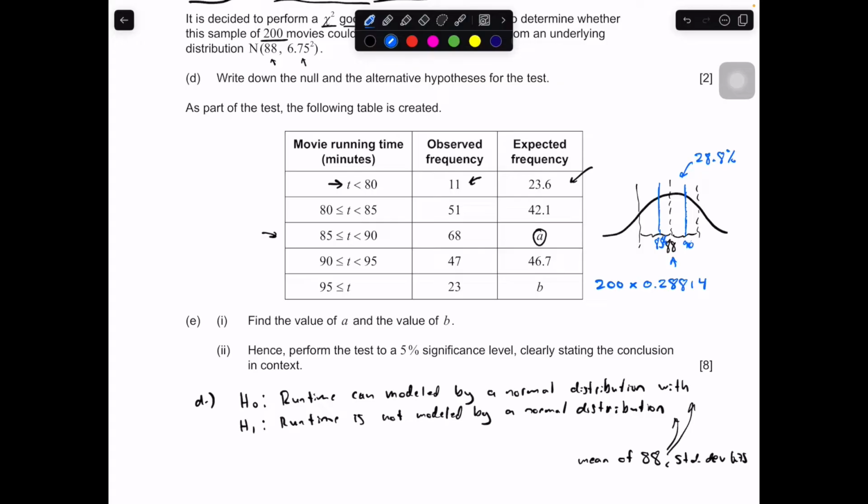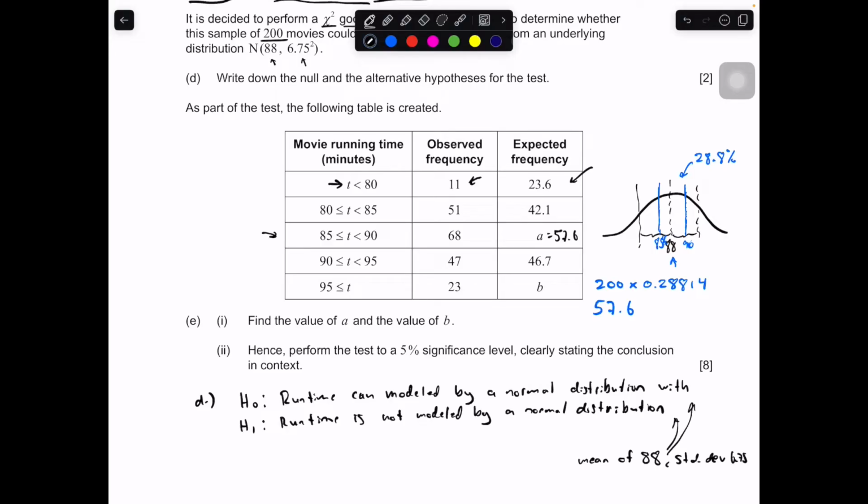But 3 is potentially okay. Generally, you want to save as much accuracy as possible until you get to the end of the question. So roughly 28.8% of our 200. I'm going to work that out on the calculator that I have here. And so for A, we would expect 57.6 movies.